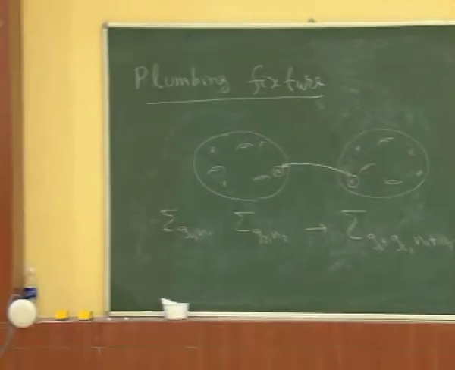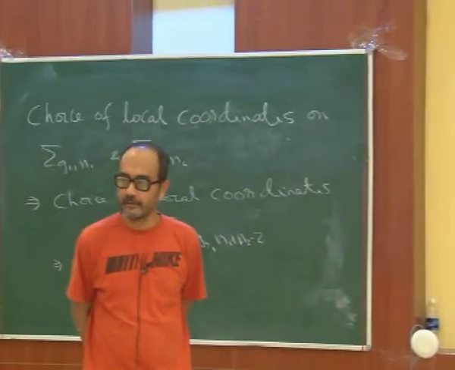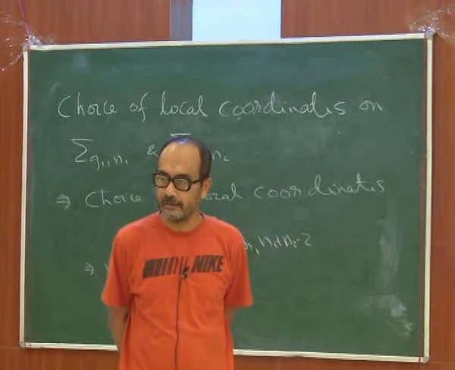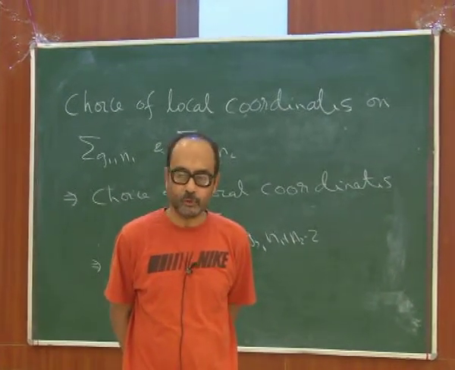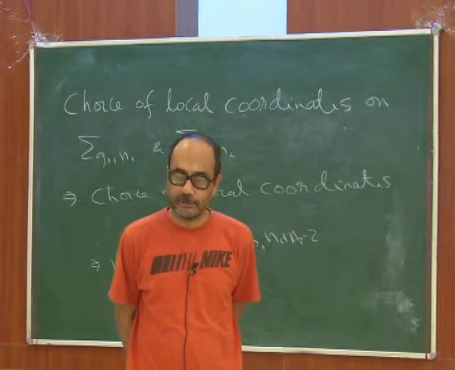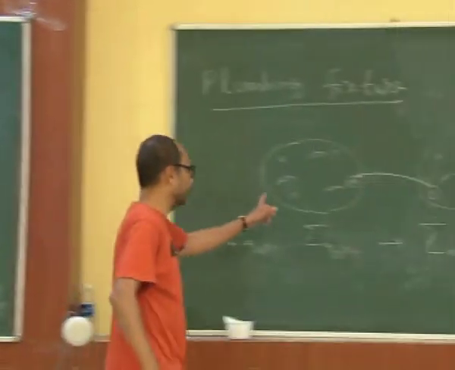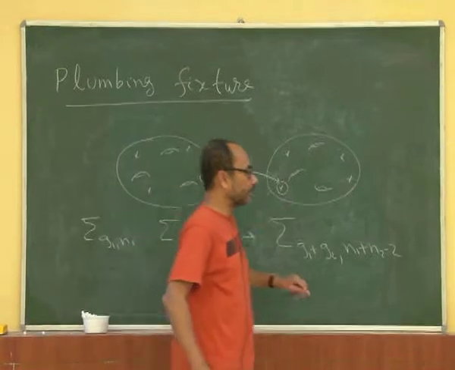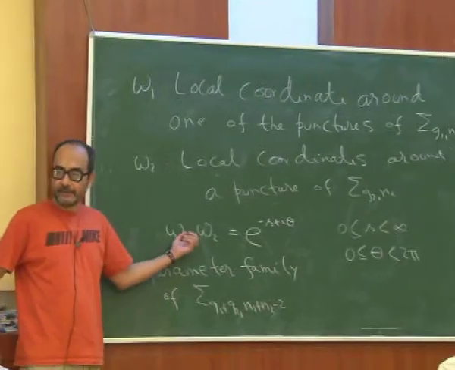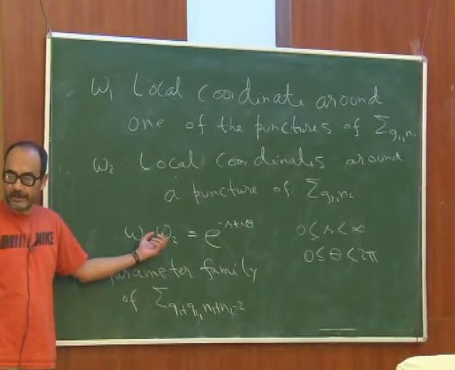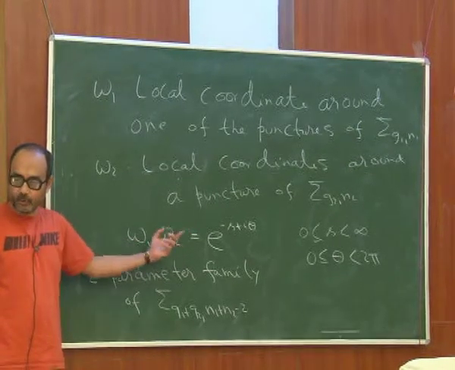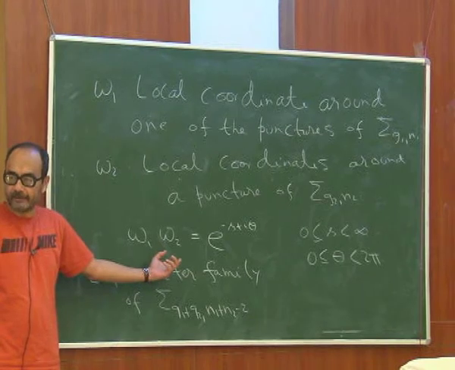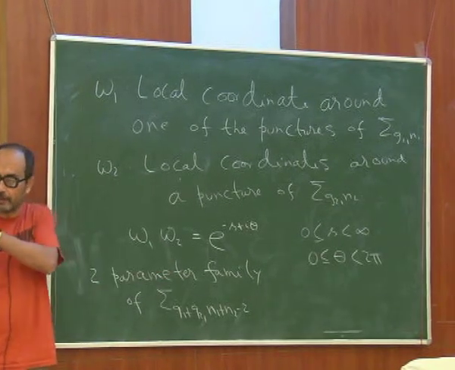At the point where you are gluing the puncture, you no longer have any local coordinates. Those are not punctures anymore. Those local coordinates are useful because using them you are doing this gluing. If you use different local coordinates at those punctures, you will get a different Riemann surface. So what kind of Riemann surface you get by this plumbing fixture depends on what local coordinates you have chosen.